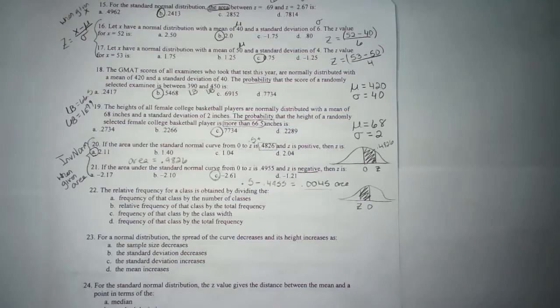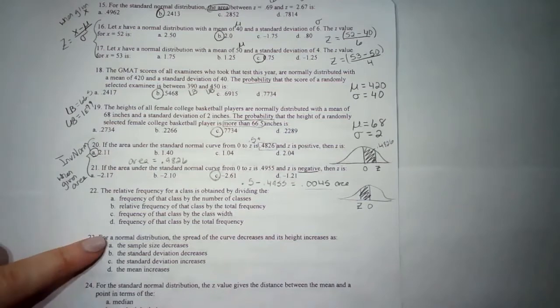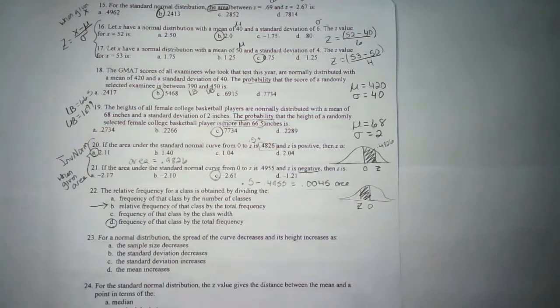All right. Then we just have 3 little questions to finish up chapter 6. So first is the relative frequency. To find the relative frequency for a class, you take the frequency of the class and divide it by the total. Look at B. B is on there just because they hate children.